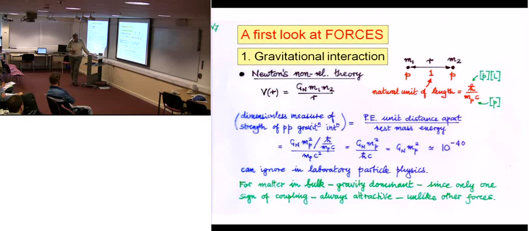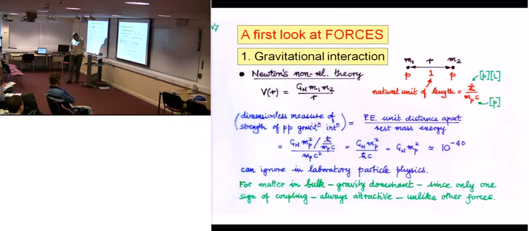And when we look at Newton's gravitational constant, this product, which is dimensionless, turns out to be 10 to the minus 40. That's a tremendously weak interaction. And we can essentially ignore this in laboratory particle physics. There's no possibility of this affecting the results.